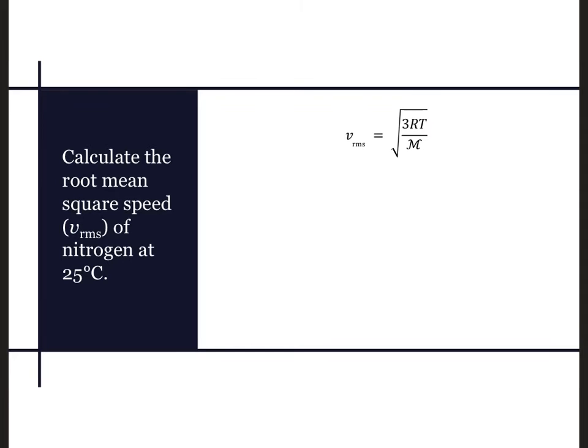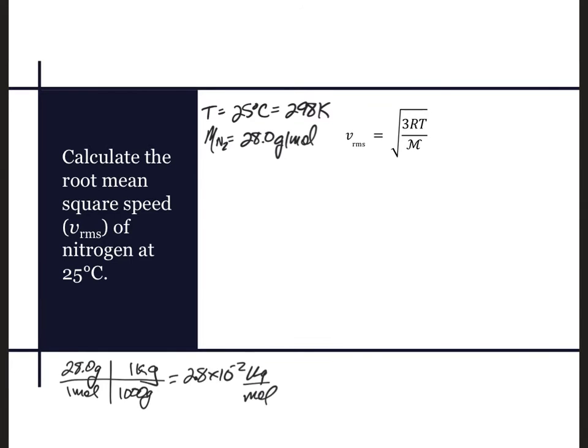Let's calculate the root mean square speed of nitrogen molecules at 25 degrees Celsius. Following the unit conventions required by R, we need the temperature in Kelvin and the molar mass of nitrogen, 28 grams per mole, converted to kilograms per mole.